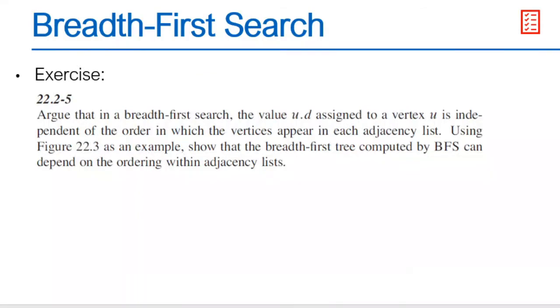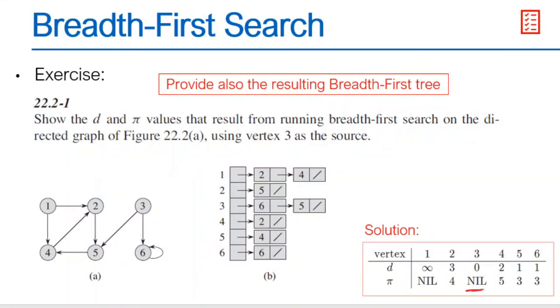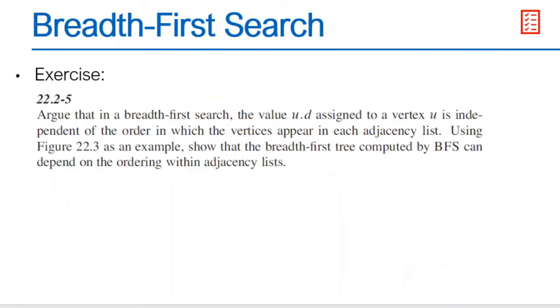And the second part of the question, using the figure 22.3, it's not this one, the next slide, show that the BFS tree computed by the BFS, here's a concept that we need to explain, can depend on the ordering within the adjacency list. So what is the BFS tree computed by the BFS?